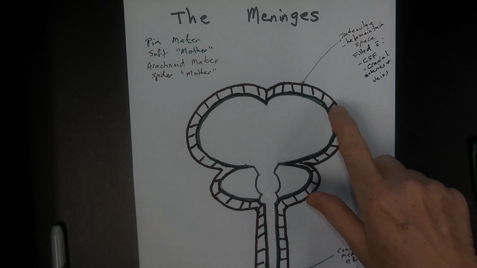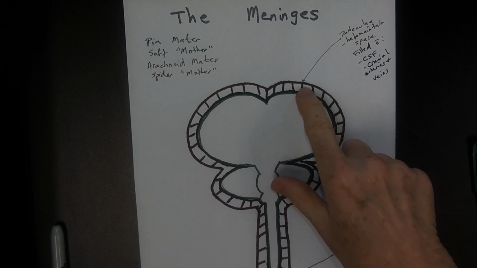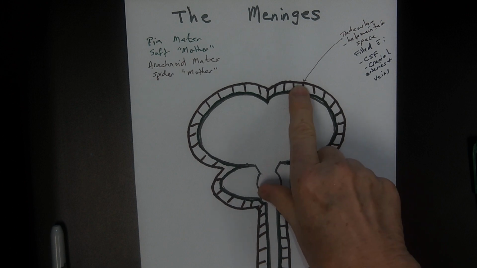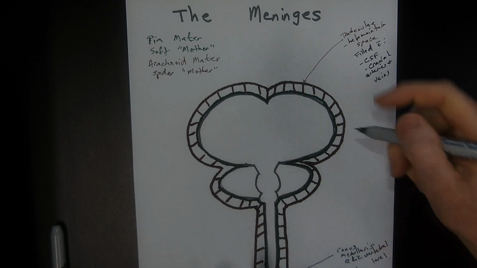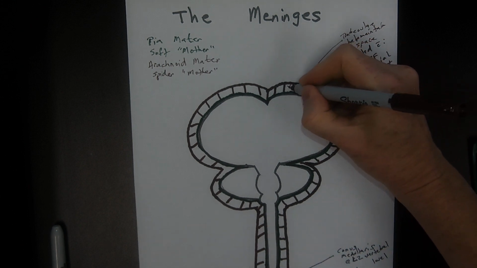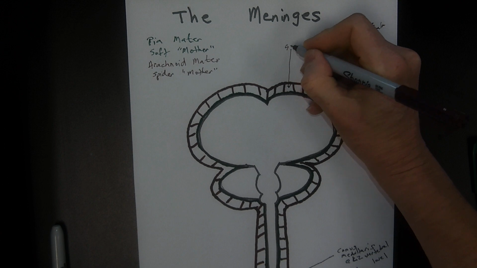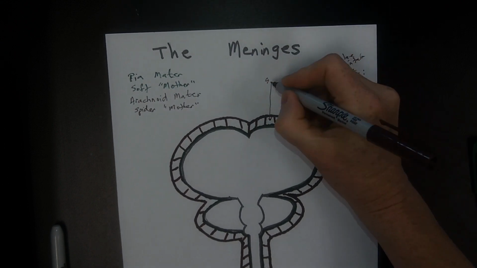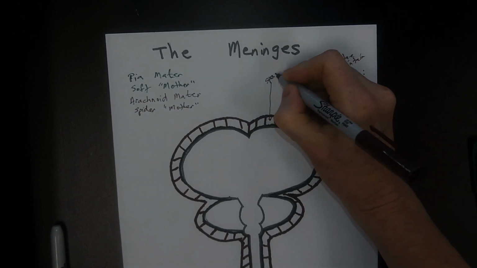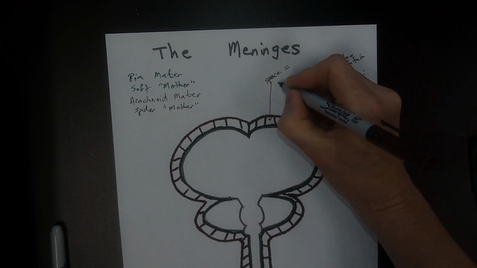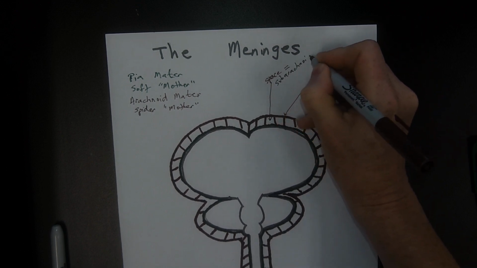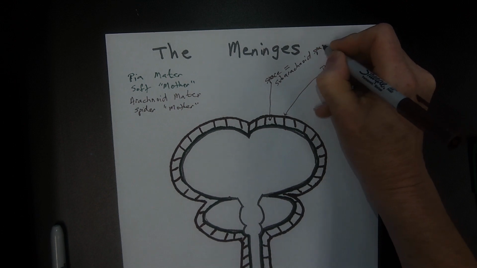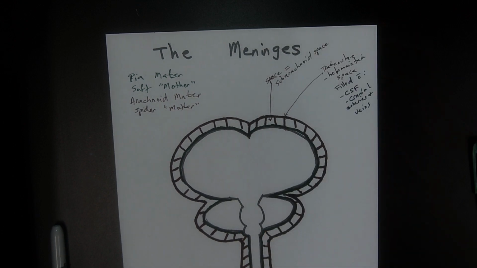Okay, and this space right here, so this is the arachnoid matter, but the actual space is called your subarachnoid space. And that makes sense because it's just below the arachnoid matter.